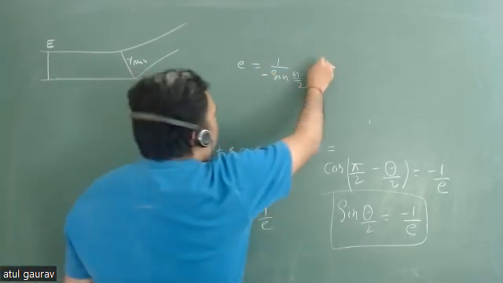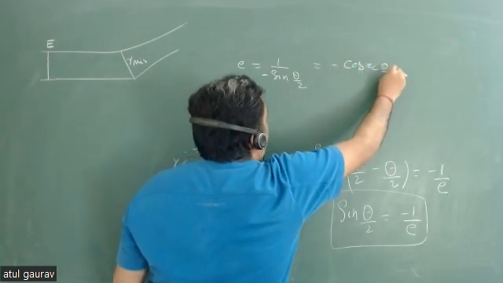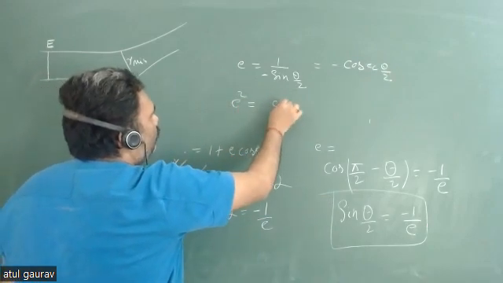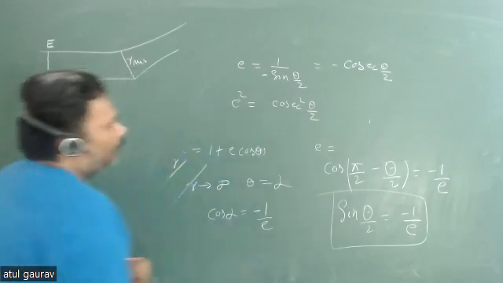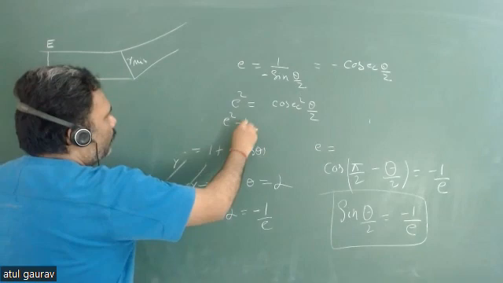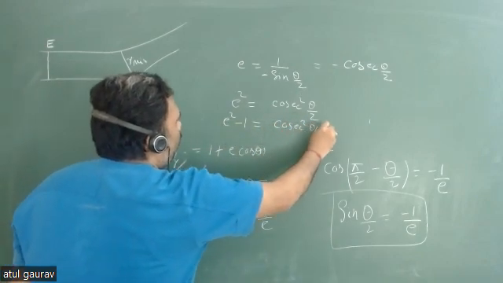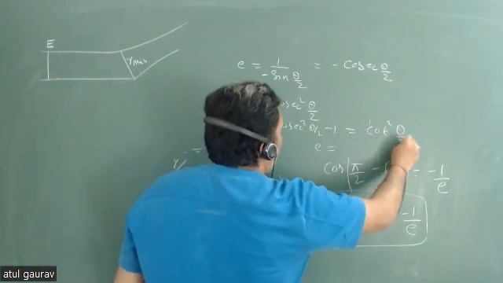And this is nothing but minus cosec theta by 2. And what is your E square? E square is equal to cosec square theta by 2. Okay? और अगर आप चाहो तो इसे लिख सकते हो E square minus 1 is equal to cosec square theta by 2 minus 1. That is cot square theta by 2.